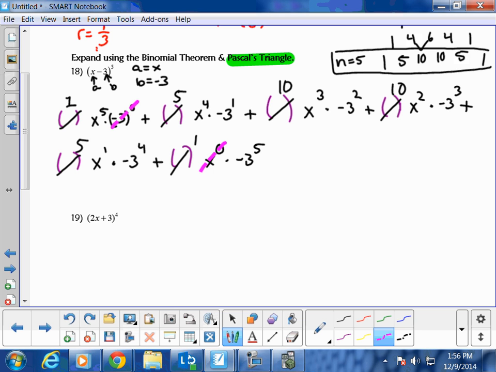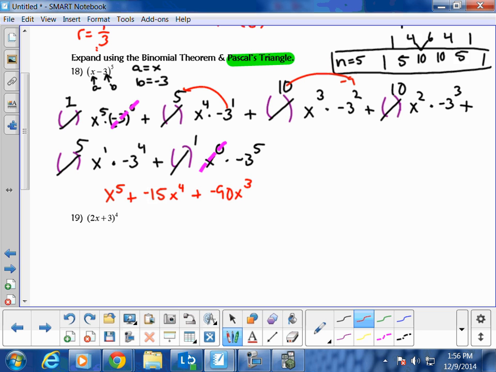So when I write this in expanded form, this is just x to the 5th plus, now this is going to be negative 3 times 5. So we're going to put negative 15 x to the 4th plus, in this case, negative 9 times 10, which is negative 90 x cubed.